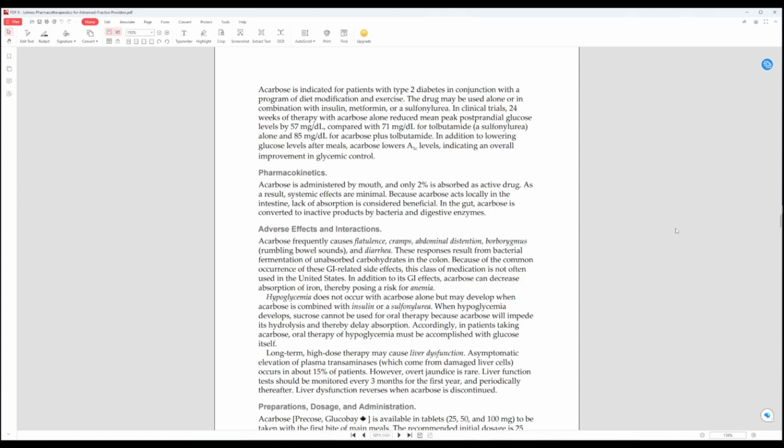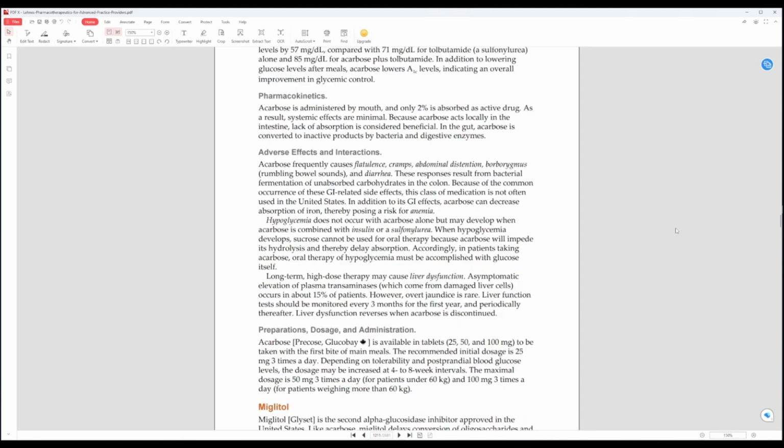In clinical trials, 24 weeks of therapy with acarbose alone reduced mean peak postprandial glucose levels by 57 milligrams per deciliter, compared with 71 mg per deciliter for tolbutamide alone and 85 mg per deciliter for acarbose plus tolbutamide. In addition to lowering glucose levels after a meal, acarbose lowers A1C levels, indicating an overall improvement in glycemic control.